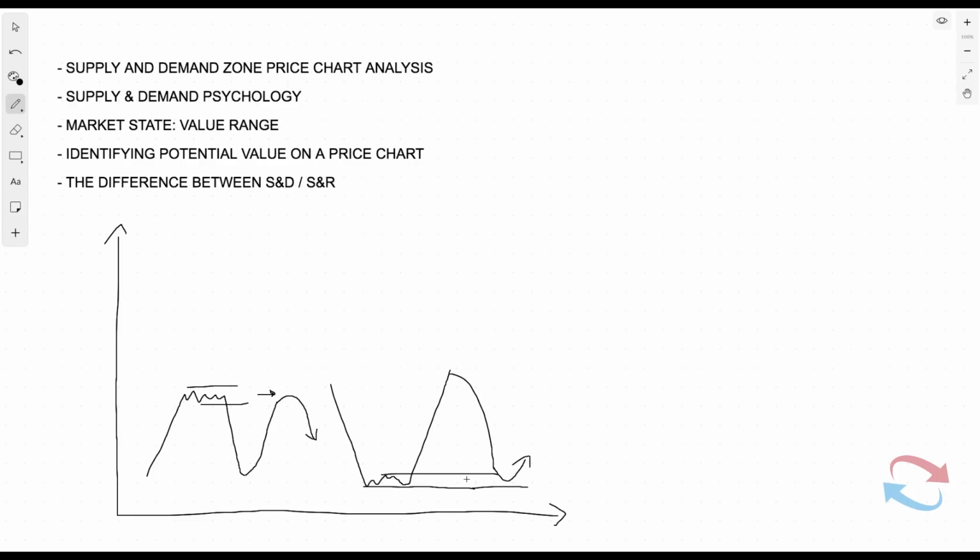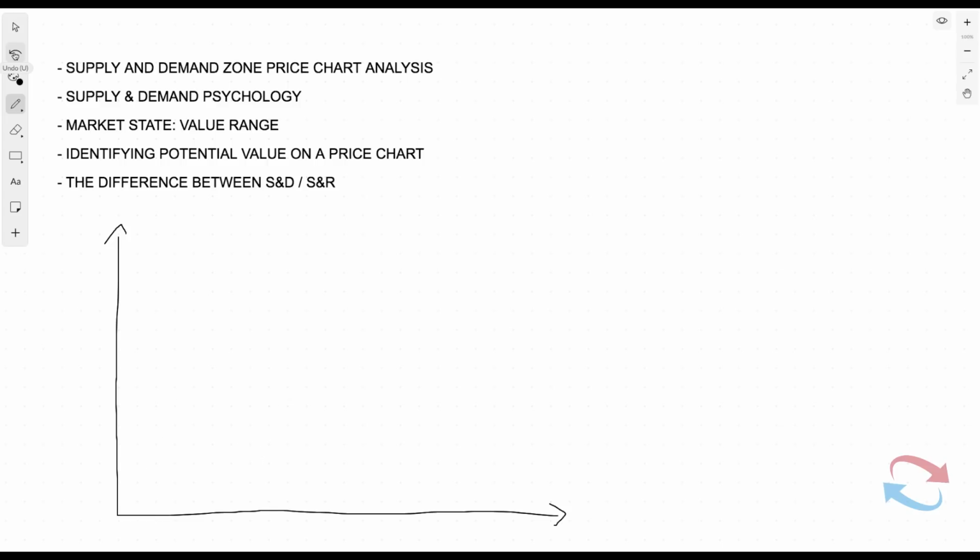Now, again, it's rarely discussed why this happens. There are a lot of theories around, but I'm going to give you my take and what I believe to be the real reason, and it will make sense to you as well when I explain it to you.